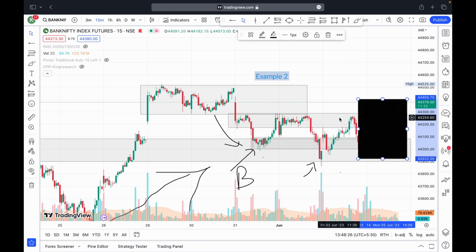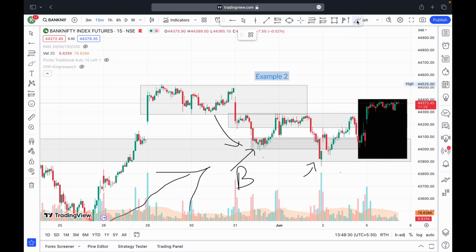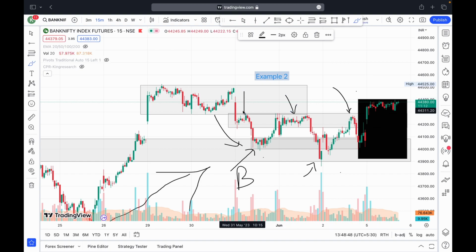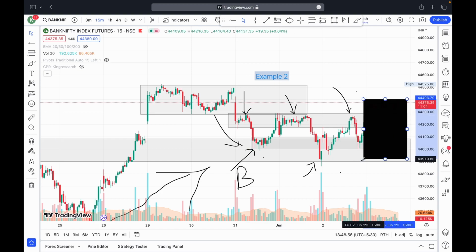Prices again react from this SNR because there are sellers sitting over here and they are willing to sell from this zone, because for them this is their support level. So they sell from this SNR. This is their support level, and the prices drop.